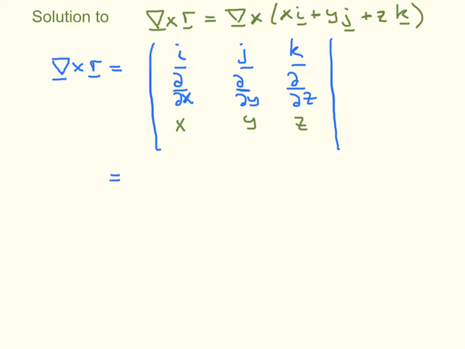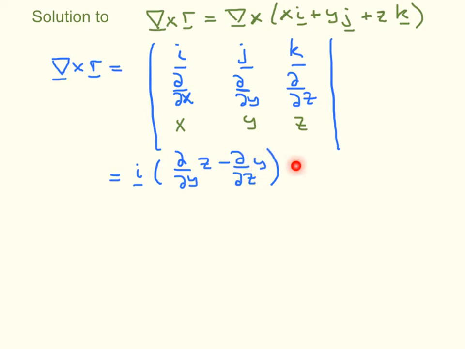What we get is, in the i direction, d by dy acting on z minus d by dz acting upon y. And this will vanish because this does not depend upon y, and this does not depend upon z.